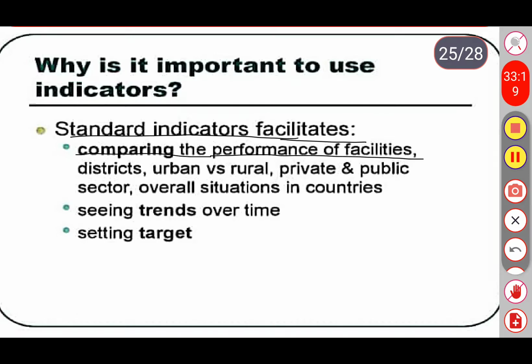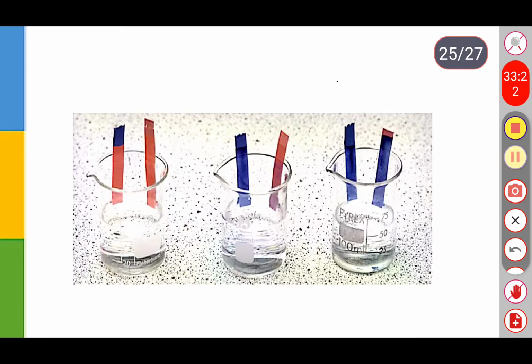So with the help of these indicators we can easily identify the pH strength of the substances. We can easily identify whether the substances are acidic or basic in nature, and we can also determine the properties of the acidic and basic solutions. So these are some of the importance of indicators.